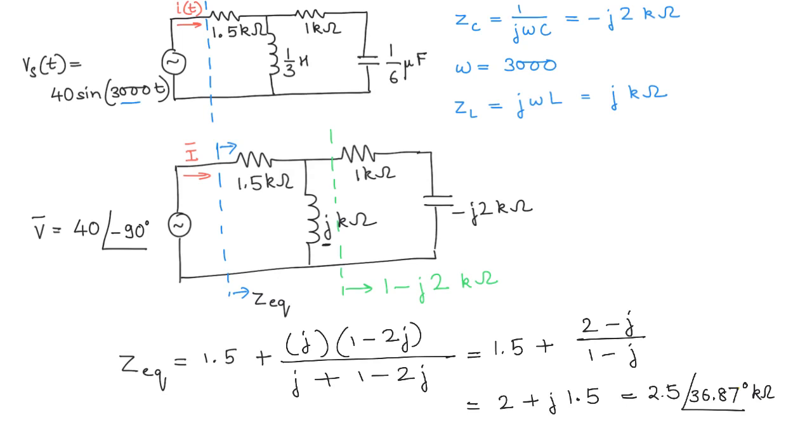Now that we have found the Z equivalent, I can find I quite easily, because I is equal to V divided by Z equivalent, which is 40 angle minus 90 degrees divided by 2.5 angle 36.87 degrees. And what does that turn out to be?